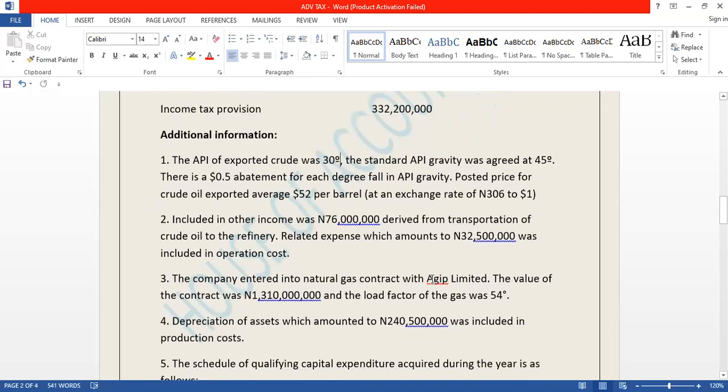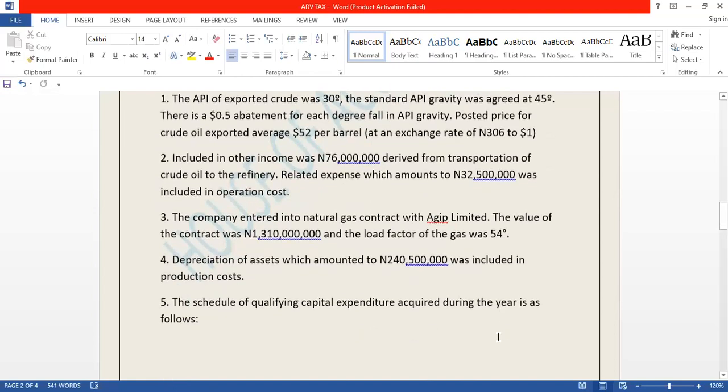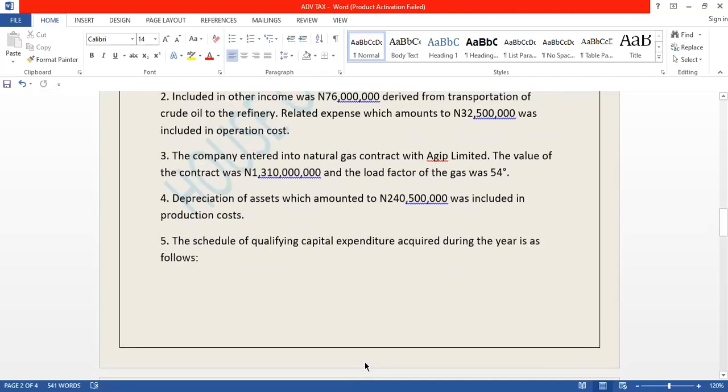2. Included in other income was 76 million naira derived from transportation of crude oil to the refinery. Related expenses, which amount to 32,500,000, were included in operation costs. 3. The company entered into a natural gas contract with Ajip Limited. The value of the contract was 1,310,000,000 naira, and the load factor of the gas was 54 degrees. 500,000 was included in production costs.